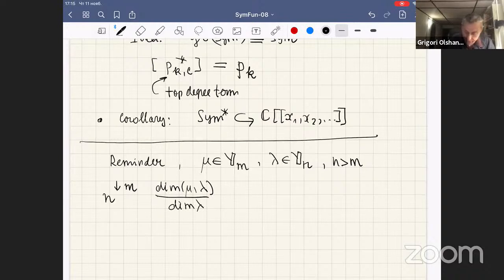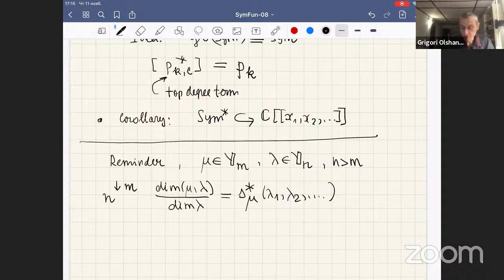And the resulting expression is the shifted Schur function indexed by mu in these variables. And I would like to say that by the very definition, any shifted symmetric function can be viewed as a true function in infinitely many variables, provided that almost all variables are equal to 0.